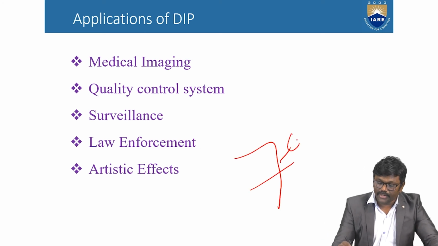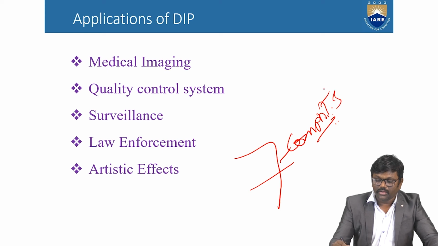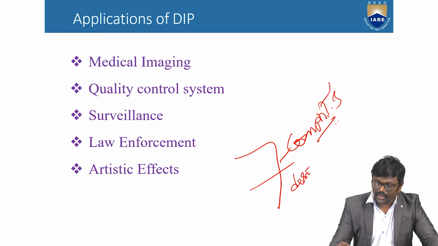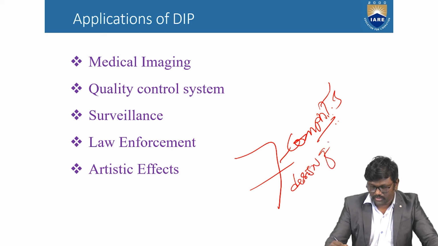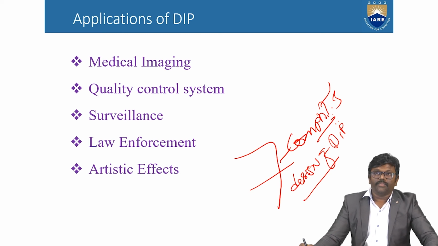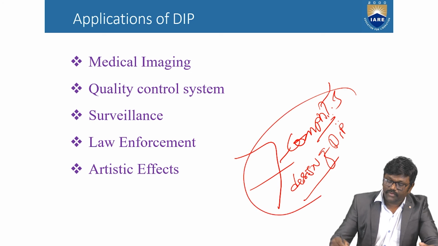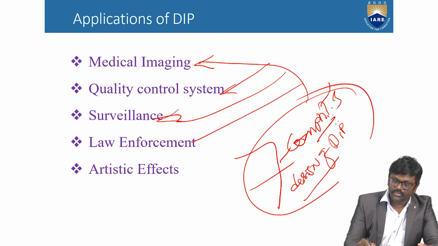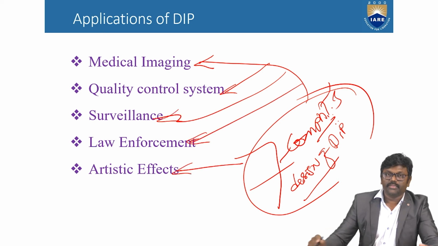These 7 components are used for the development or design of your digital image processing, and they are used to connect to one of the applications.